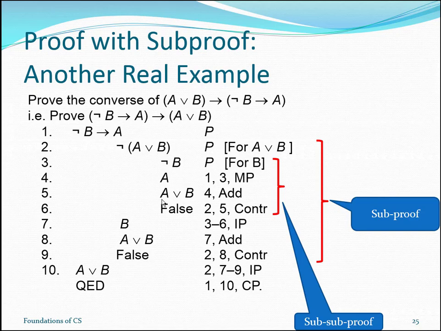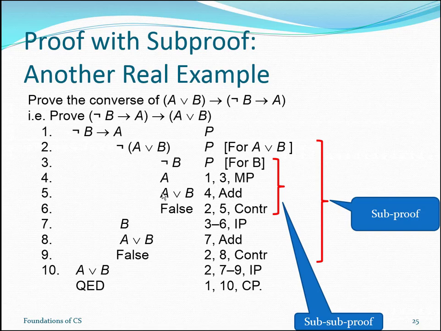Next line, what have I got? I want to get from A to A or B using addition. If I'm on line 4 and I have A already, I can just say A or anything. That's the addition rule. So A or B I get from line 4 with addition.